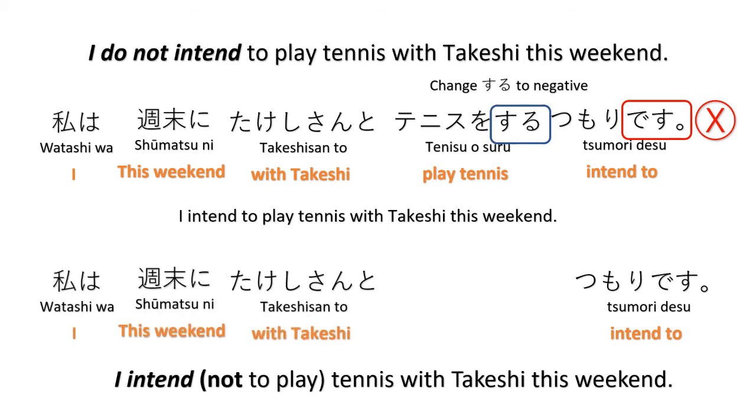So we change tennisu o suru into tennisu o shinai. Do not play. Literally, the sentence means I intend not to play tennis with Takeshi this weekend. But in casual, natural English, we say I do not intend. But in Japanese, the literal translation is I intend not to play. Okay?